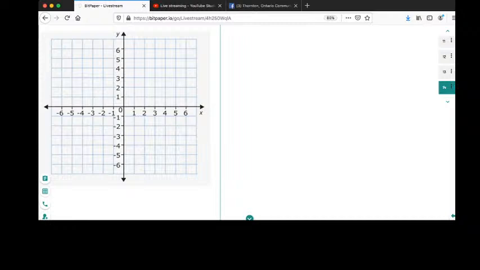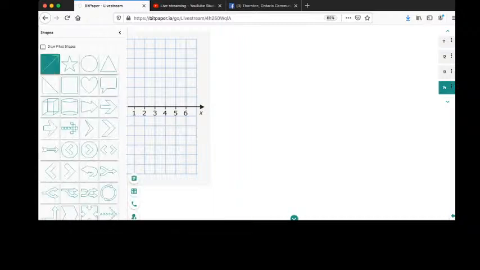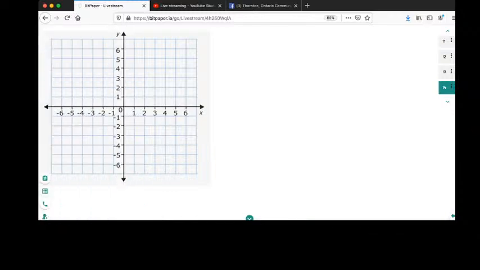So anyways, okay, we've got our coordinates here. So let's say I have a circle. Let me get my circle shape here. I want it to be centered. Let me try to get it as centered as possible.